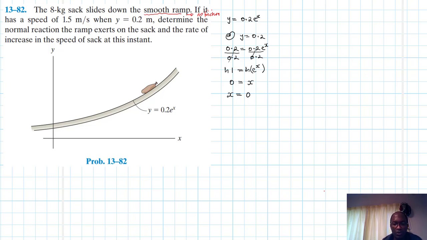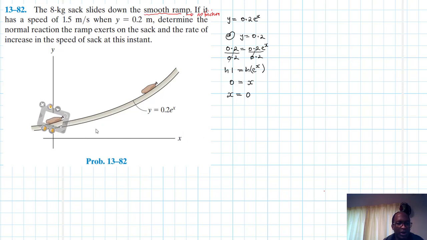Alright, let's draw the free body diagram now. I'll get this sack and place it here, just tilt it a little bit.